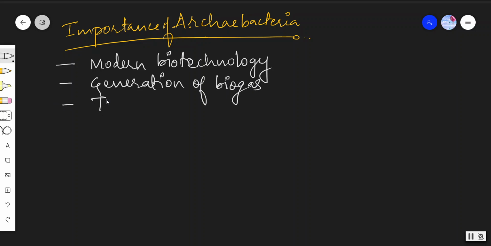Next one is thermophilic enzymes from thermoacidophiles. Clear?